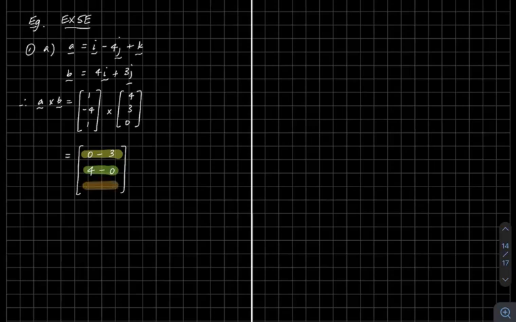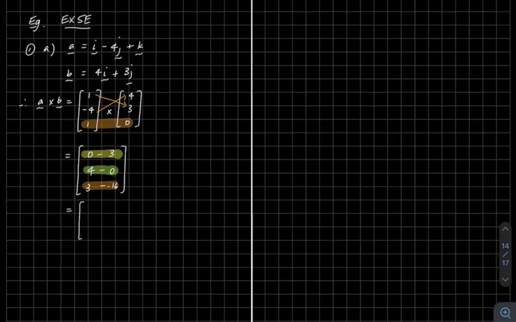For the k components, I'm going to cross out that row, and now I'm back to the original way, which was down first. So 1 times 3, which is 3, minus, and then going the other way, negative 4 times 4 is negative 16. So minus negative 16.